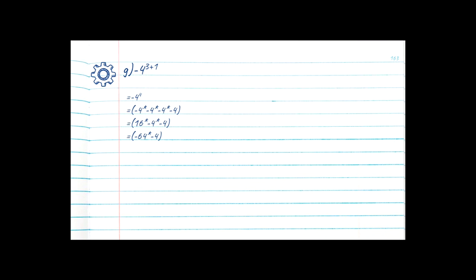So now we have a -64, and we drop the rest of the equation. -64 times -4, we have a negative times a negative, so that's going to be a positive, and 64 times 4 is 256. There's no further operation, so our final answer is 256.